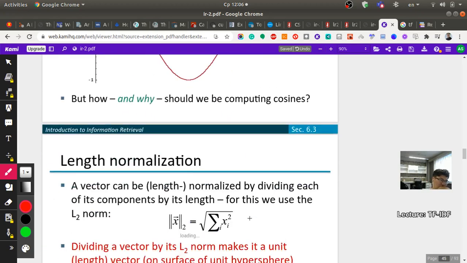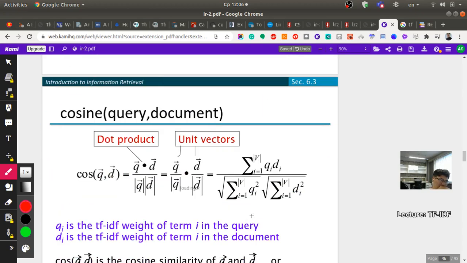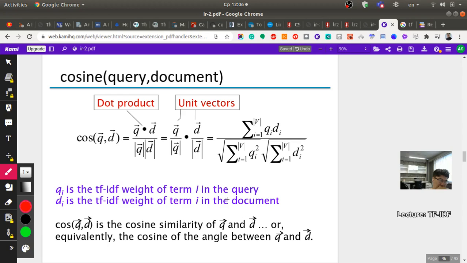To solve this problem, we use cosine distance. Cosine distance takes the dot product and then divides it by the multiplication of the lengths. So actually this is the formula. You have two documents. For example, vector 1 is 3, 2 and vector 2 is 1, 1.